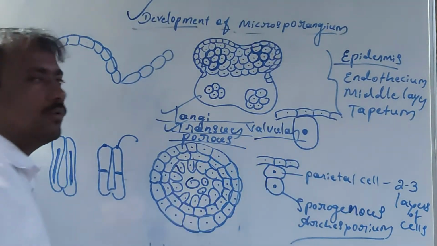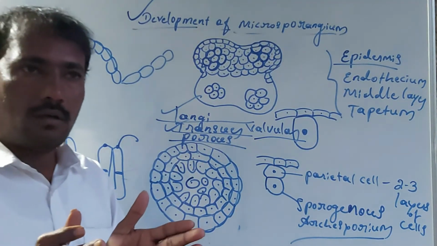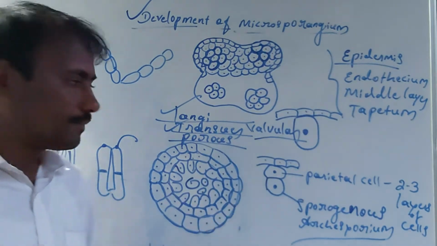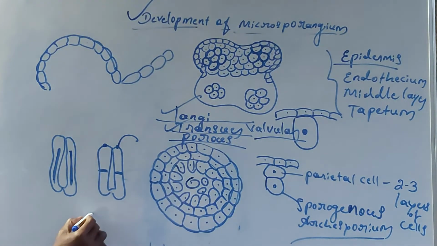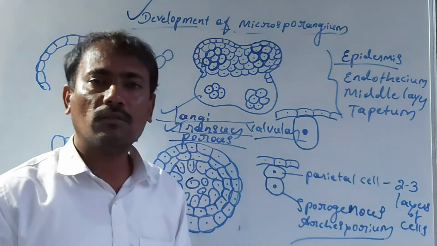In the valvular type of dehiscence, with the connective and the two anther lobes, the opening up of the anther wall takes place through valves.